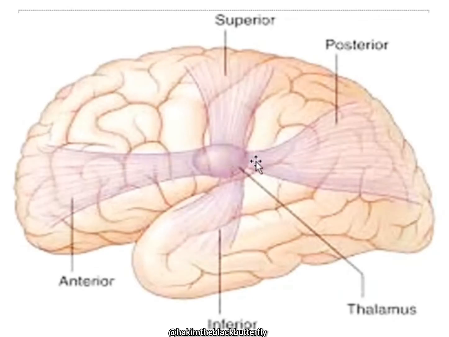So when the axons are moving from the lateral geniculate body, which is in the posterior aspect of the thalamus, to the occipital lobe, they pass through this bundle known as the posterior or occipital thalamic peduncle.